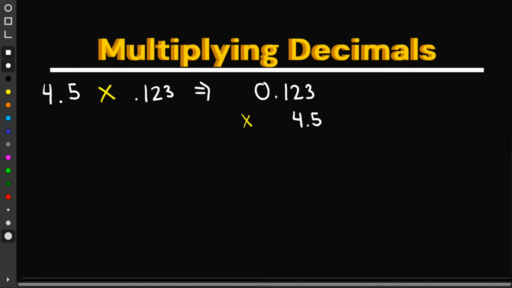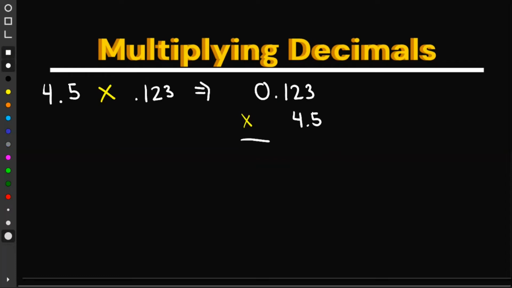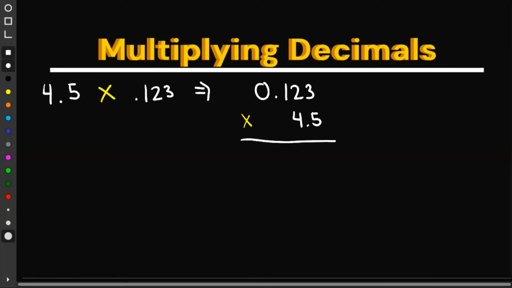So we have 5 times 3 is 15, carry the 1 over here. 5 times 2 is 10, so that's plus 1 here, gives us 11, carry the 1 again here. And 5 times 1 would give us 5 plus 1 is 6. So let's erase this one.